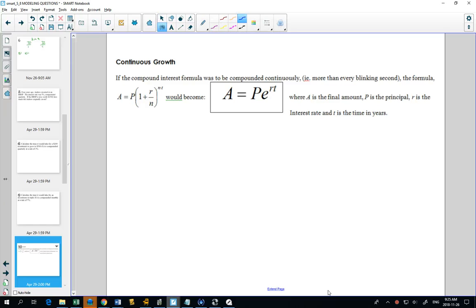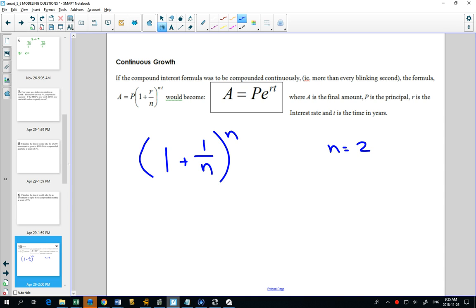So right now we're just going to explore a little bit on our calculator with this idea. 1 plus 1 over n, to the n. If you plugged in 1 for n, what would you get? n is equal to 2.